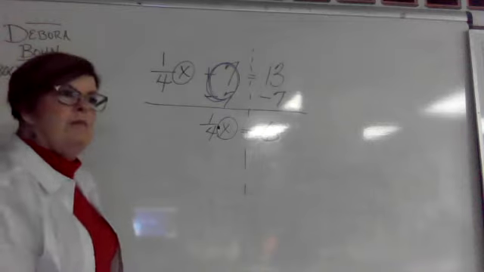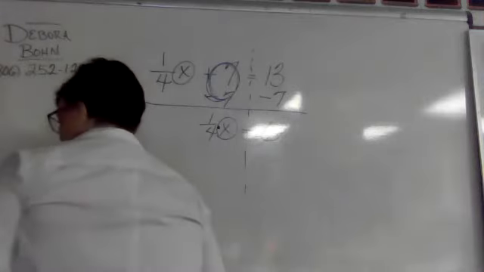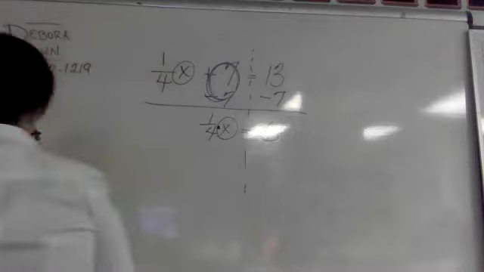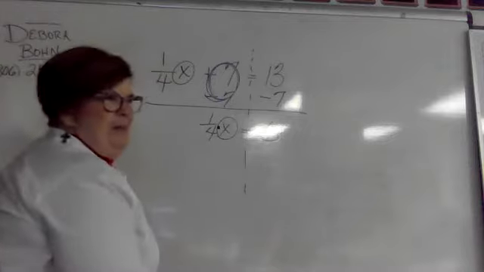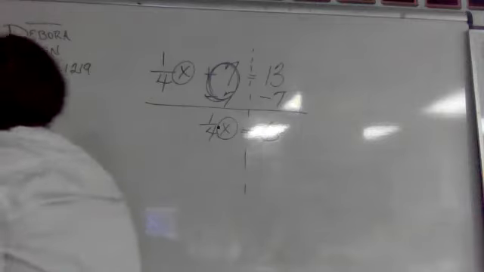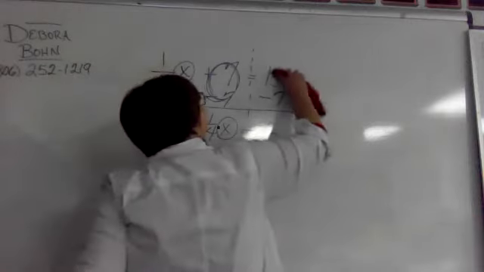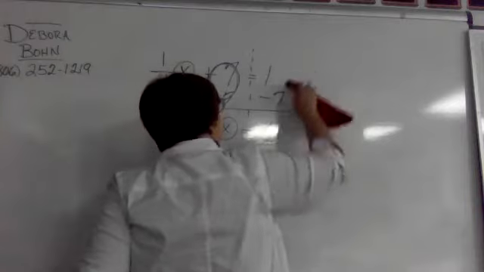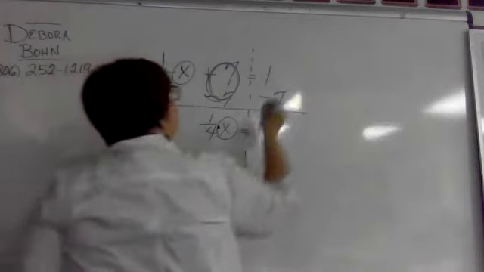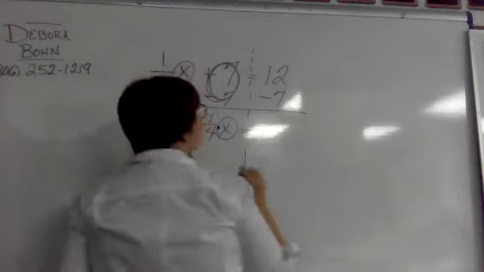Is it 12 on the problem? Yes. Oh, yes. I guess I'm just making up my own stuff. Yes, ma'am. Thank you so much. Oh, yeah. Making up my own problems. Where did I get 13? 12.